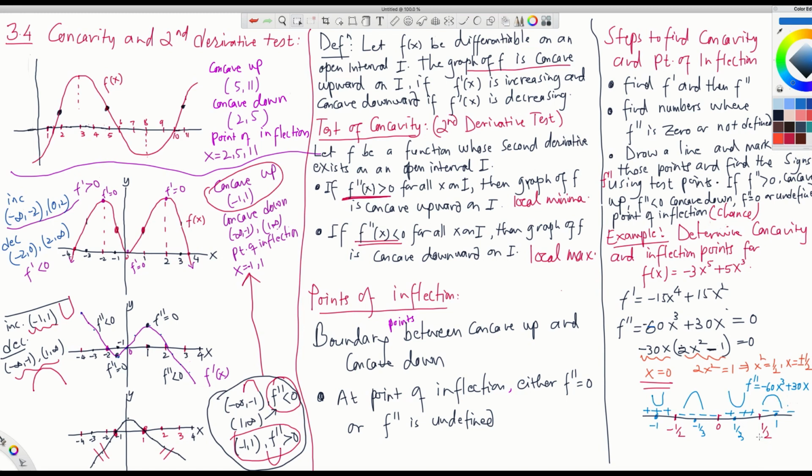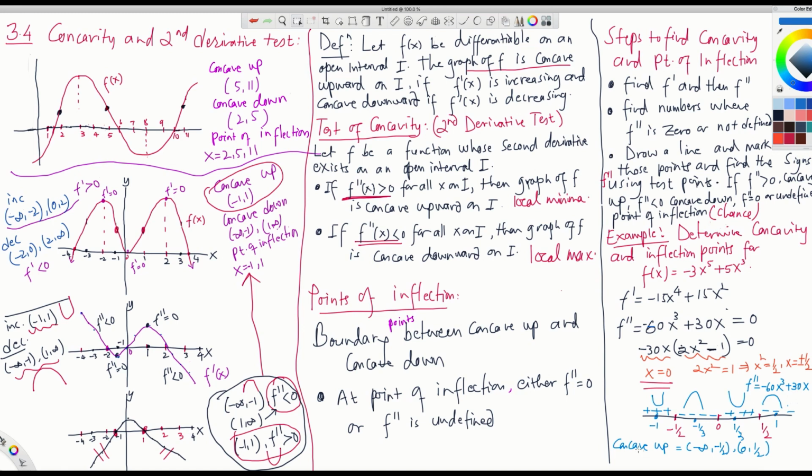Okay, so what do you think? The concave up intervals: negative infinity to negative 1/√2, and then 0 to positive 1/√2.